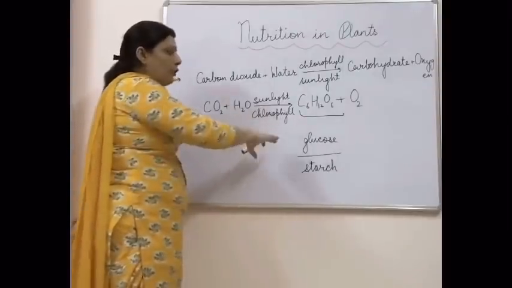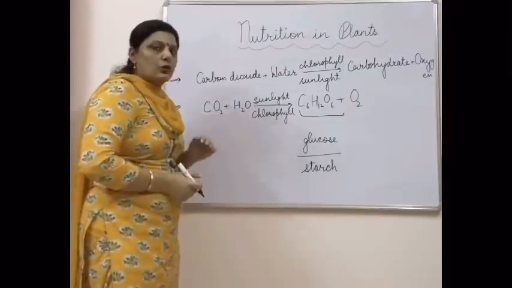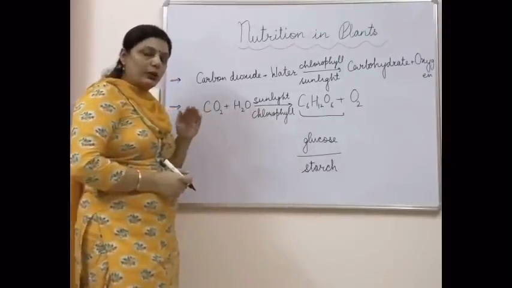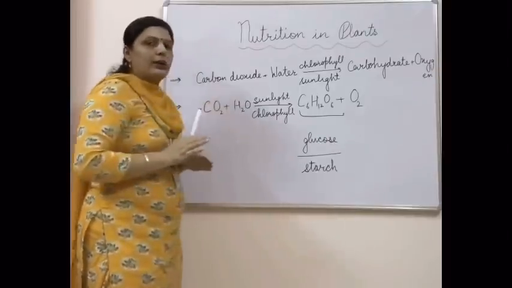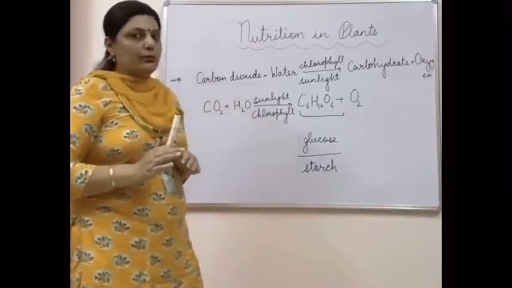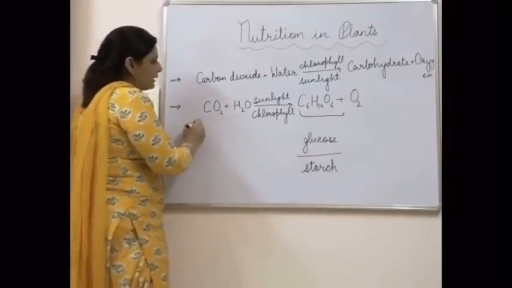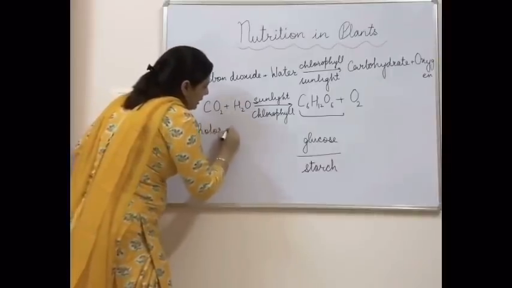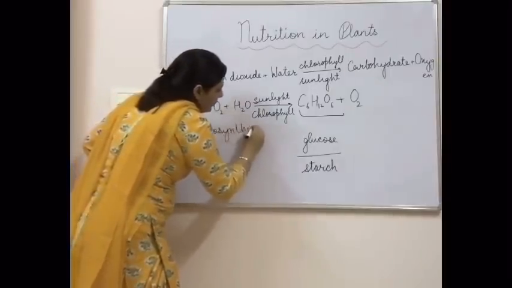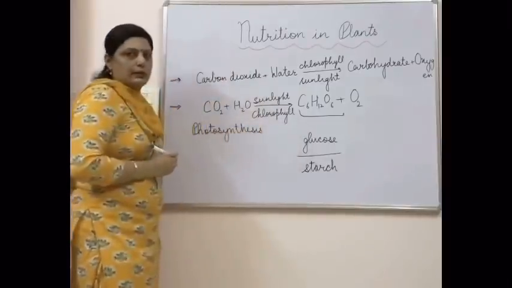When it is formed, it is glucose. When it is stored, it becomes starch. So that starch test with iodine is being done to detect whether the photosynthesis process was happening or not. So now it is clear to you what is the process of photosynthesis and how it occurs in the leaves of the plant where chlorophyll is present.